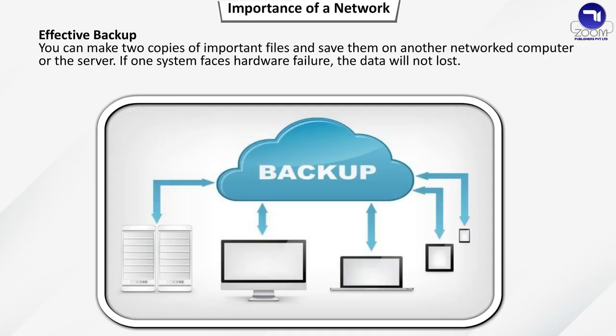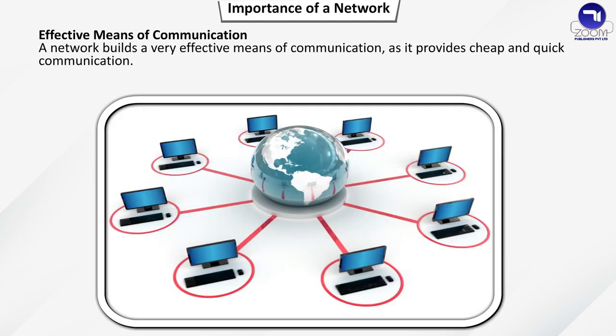Effective backup. You can make two copies of important files and save them on other networked computers or the server. If one system faces hardware failure, the data will not be lost. Effective means of communication. A network builds a very effective means of communication as it provides cheap and quick communication.